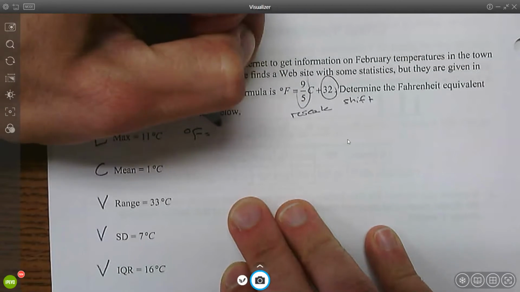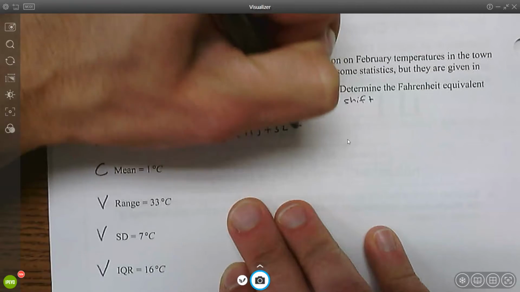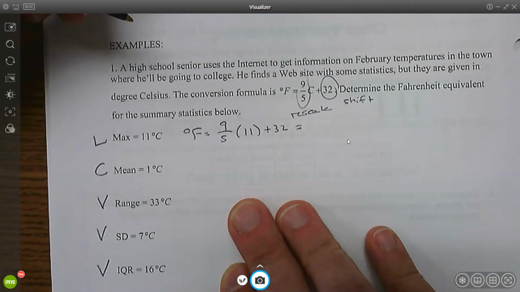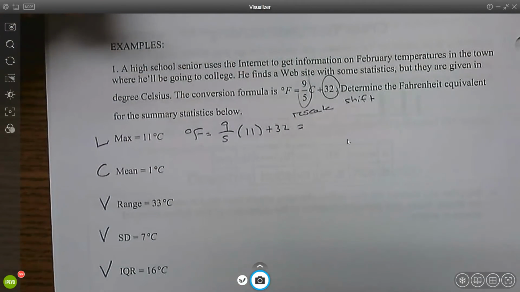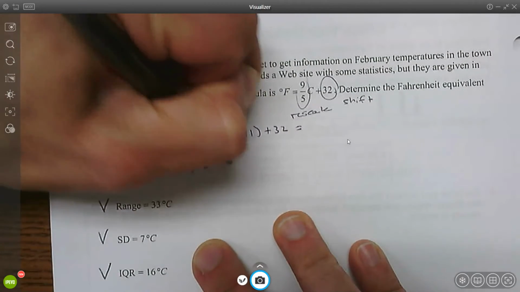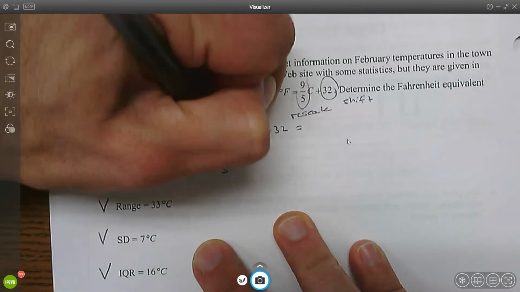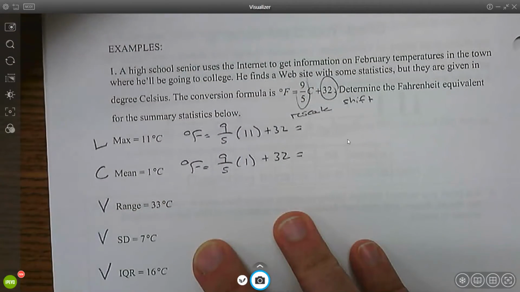The new max is going to be 9/5 times the old max plus 32, whatever that is. Because it's just a measure of location, it's affected by any shift or rescale. The mean is a measure of center. We know that center is affected by rescales and shifts. So I'm going to do both.